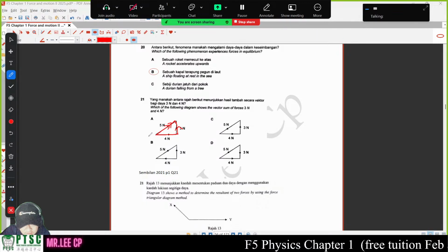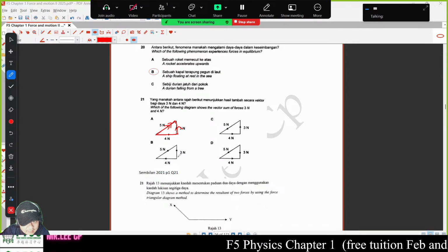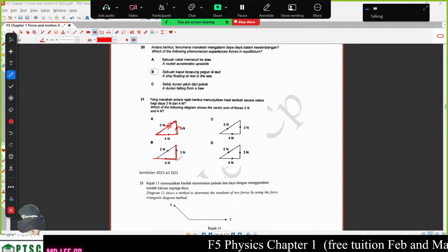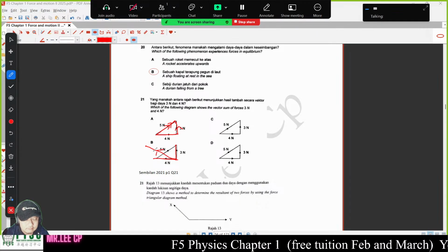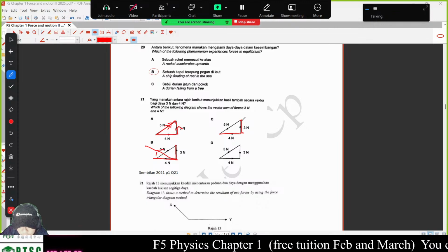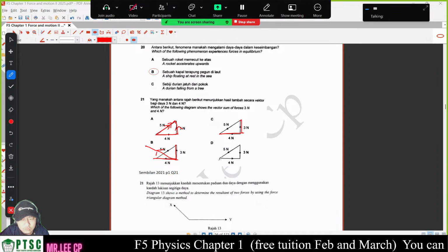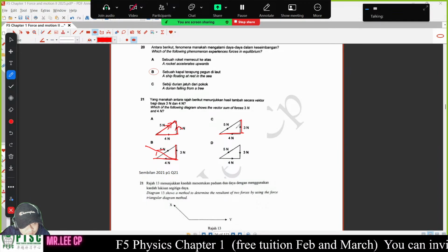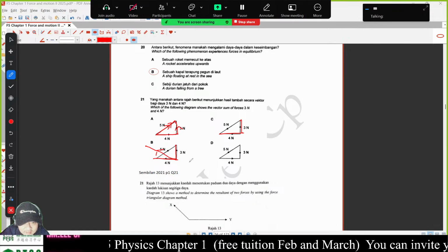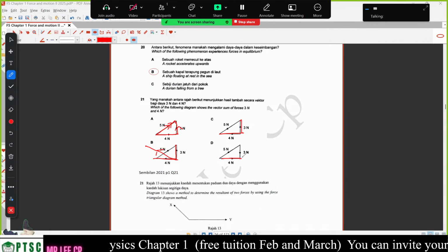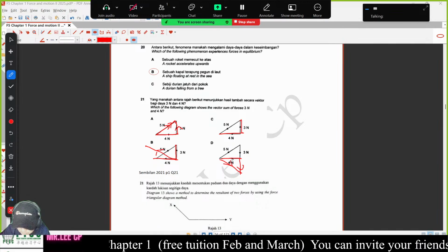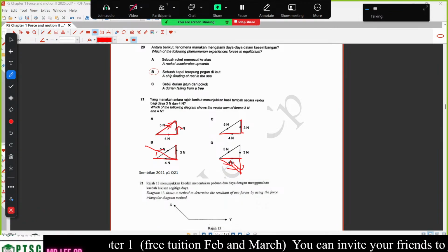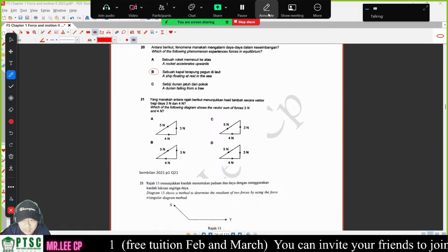Yes, correct. Answer is A. Now, you pull here, I pull here, so it's supposed to go to here. It is not going down. This one is equilibrium, but it is not vector sum. So answer is A. This one you pull here, then you move down, so it's supposed to go to here, not this direction. So answer is A.